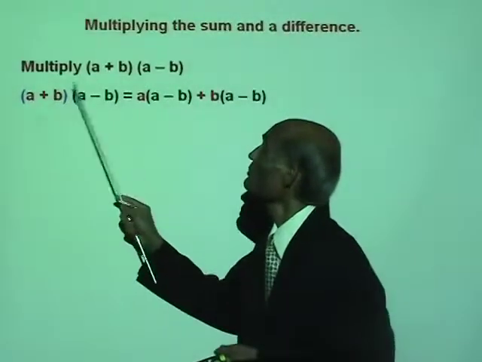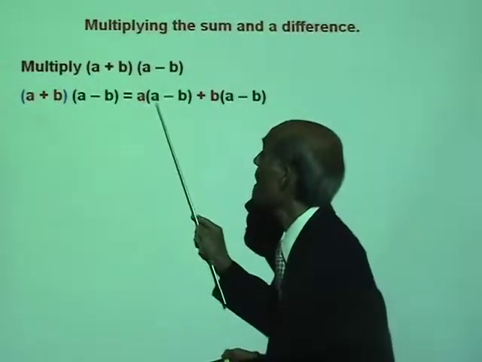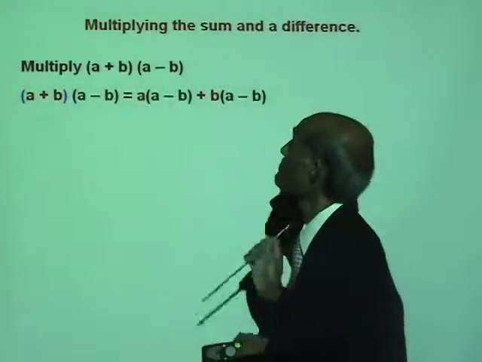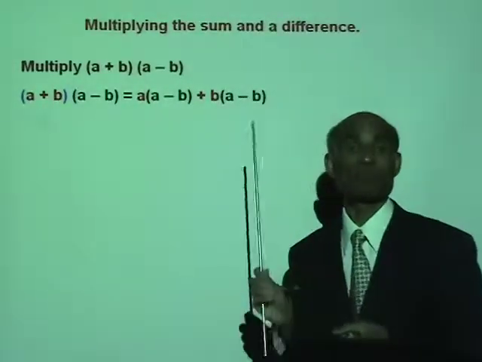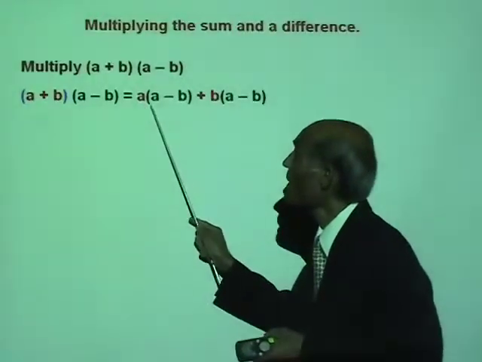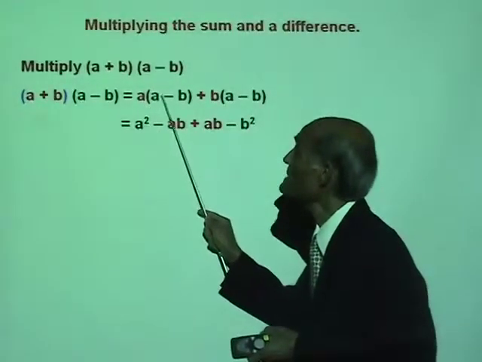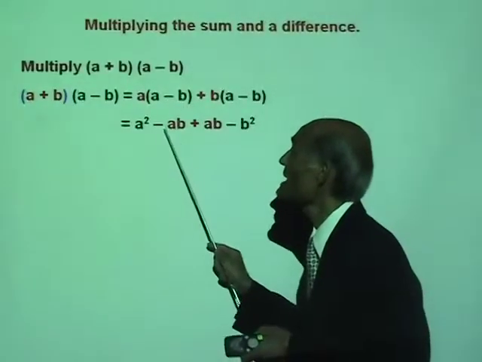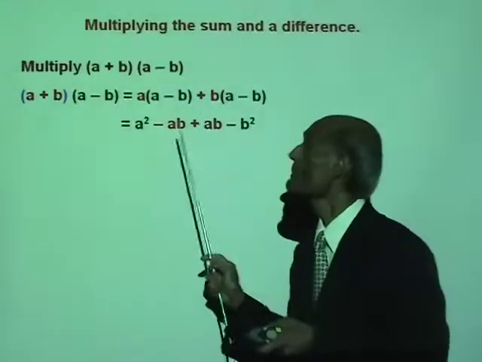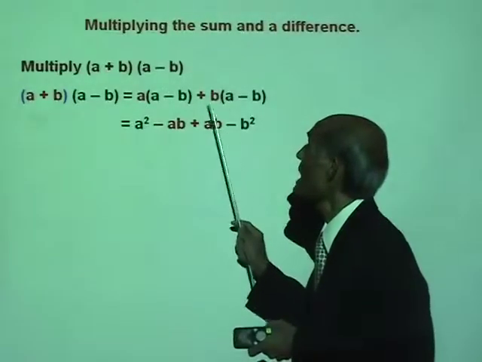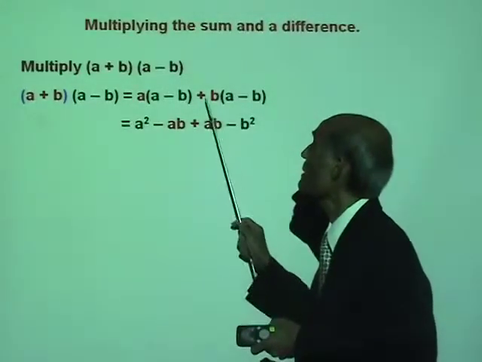There you are. So that will be a times a minus b plus b times a minus b. Now multiply. A times a is a squared. A times negative b is negative ab. Alright, we finished this. Plus b times a is plus ab.